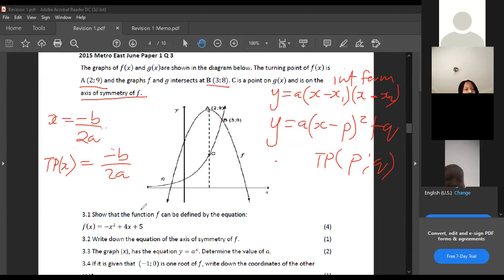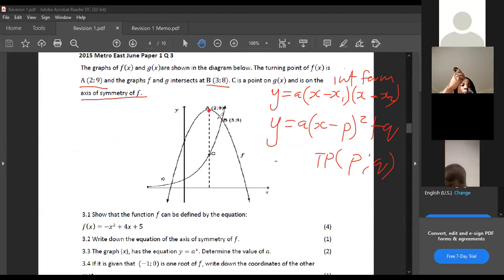Now, this question says, show that the function f is defined by the equation. Let's see, what information are we given here? I can see that I'm given a turning point, and I have a random point here.